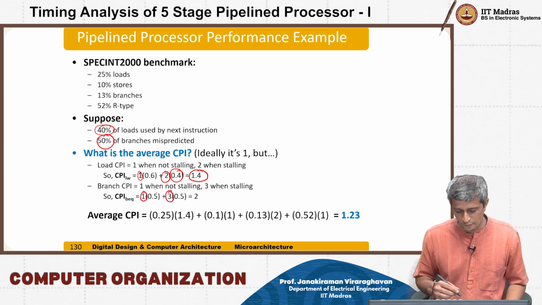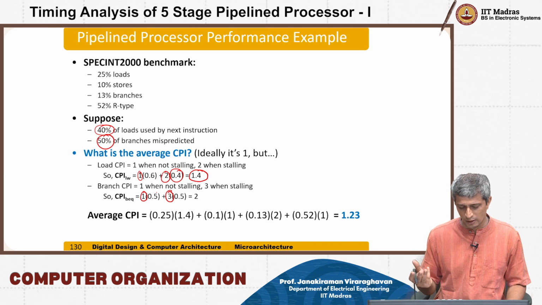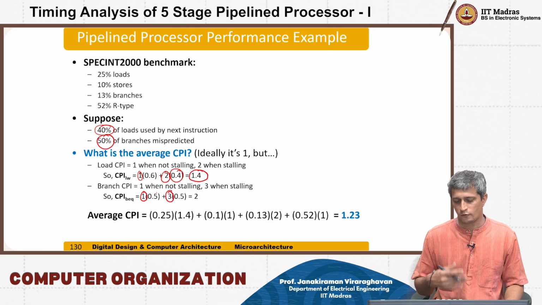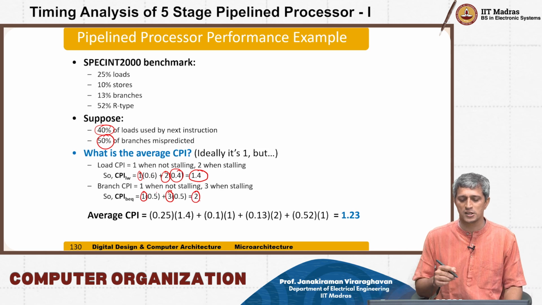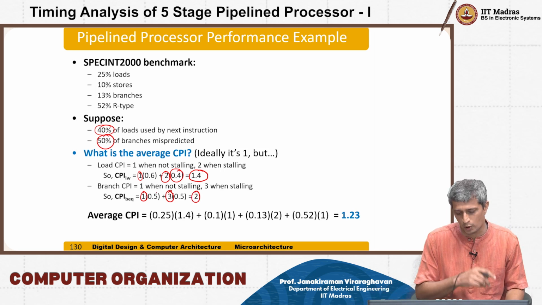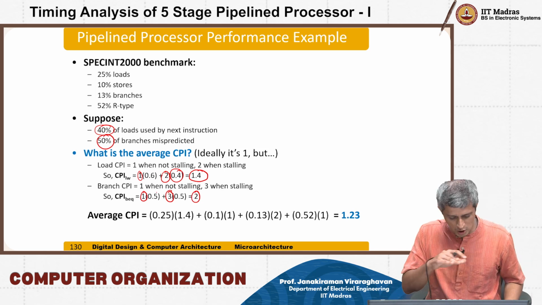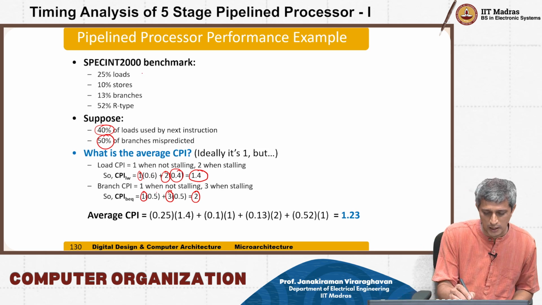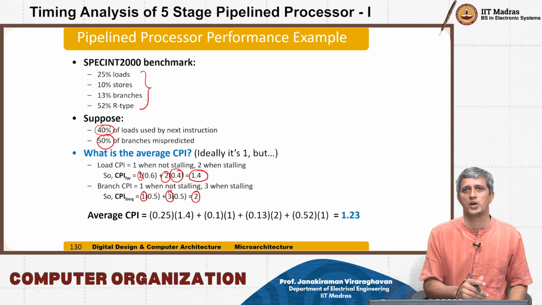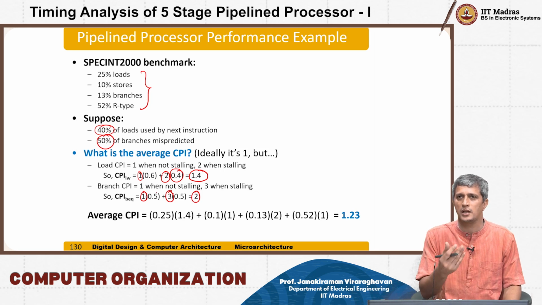So if you look at this, the effective cycles per instruction for branch is 2. The cycles per instruction for load word is 1.4, and therefore I can now define an average clock cycles per instruction for this particular distribution of different types of instructions, this particular histogram.